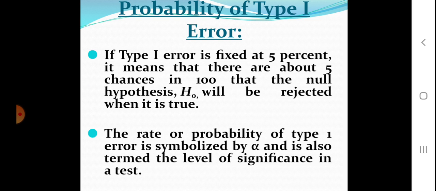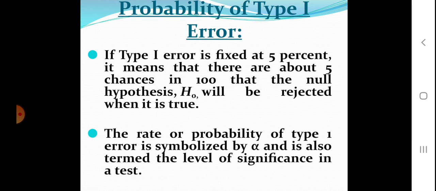Out of 100, 95% indicates the confidence level. The rate or probability of type 1 error is symbolized by alpha, and is also termed the level of significance in the test. Alpha represents the level of significance.